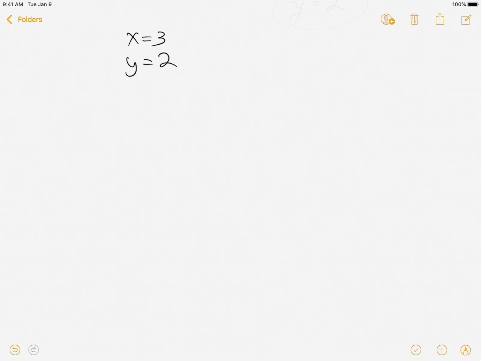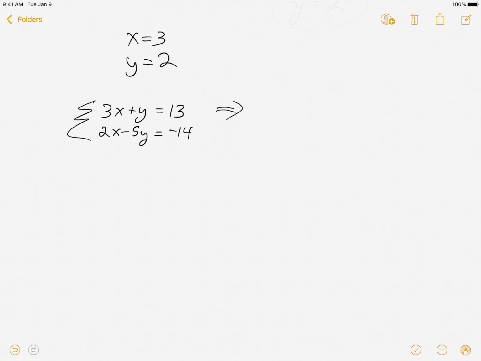Let's do another example of solving by using substitution with a system. Okay, here's a system here. Now I want to solve for the variable that's easiest to solve for.